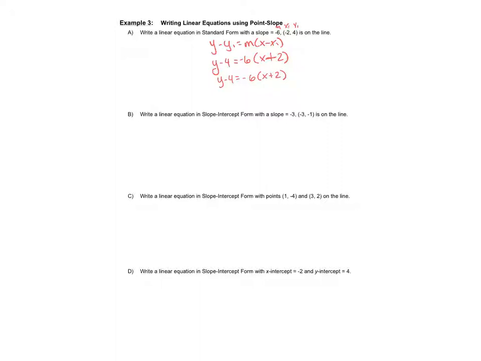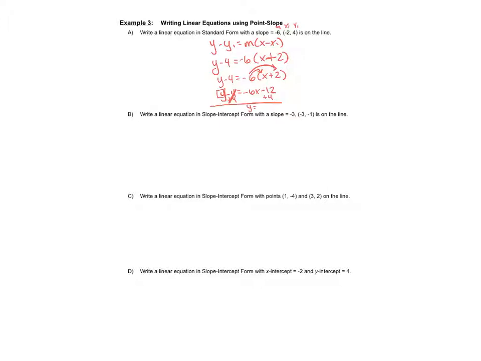From here, I can distribute my -6, so y minus 4 equals -6x minus 12, and then I can isolate y. To isolate y, I'm going to get rid of this -4, so I'm going to add 4 to both sides. Since I can only add and subtract like terms, I can only add and subtract to the number at the end here.